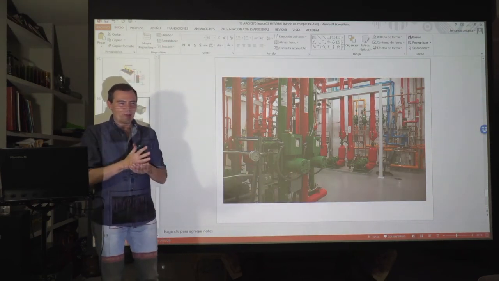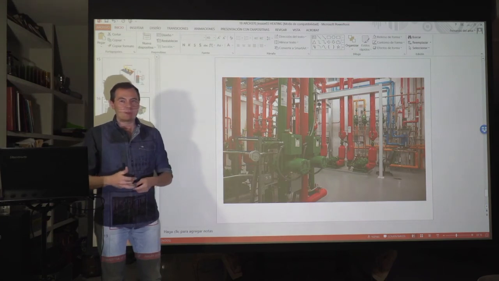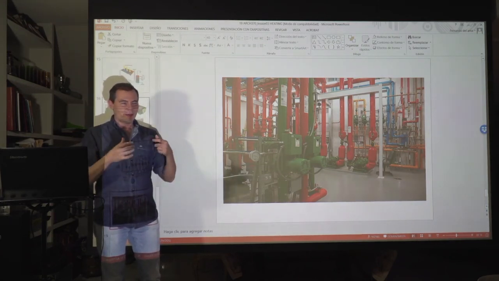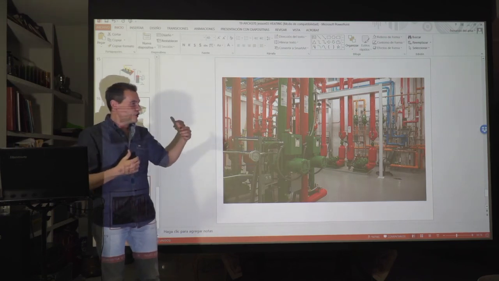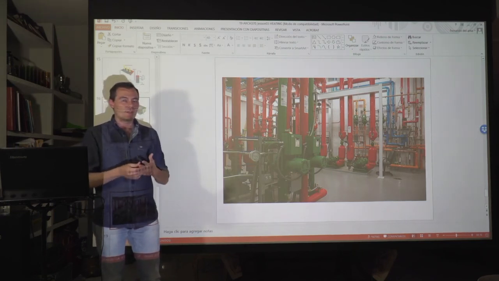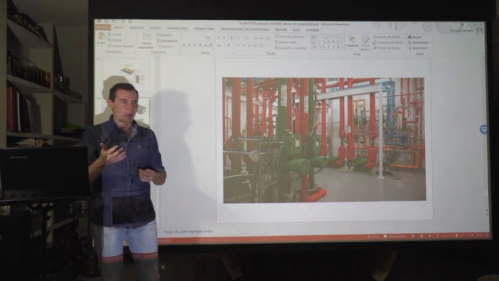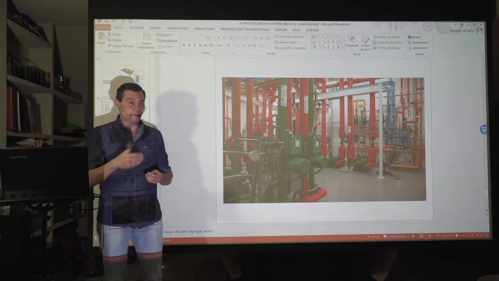But after that, before moving on in the design process, we have to stop and think about what kind of mechanical systems we are going to need in that building, because that will affect our design. If we don't make that decision before the end of the design process, then we will have to change things.